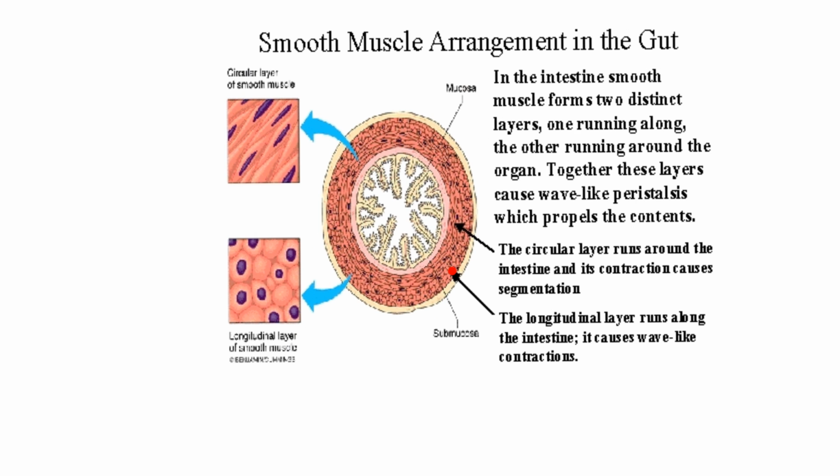Okay, and then the next layer out, nicely labeled here, is the longitudinal section, which runs the length of the tube. Okay, so they do different things. The circular causes segmentation, and the longitudinal fibers causes wave-like contractions. You want to have food particles move from, let's say, from the stomach back towards the anal area, and it's all being moved by contractions.